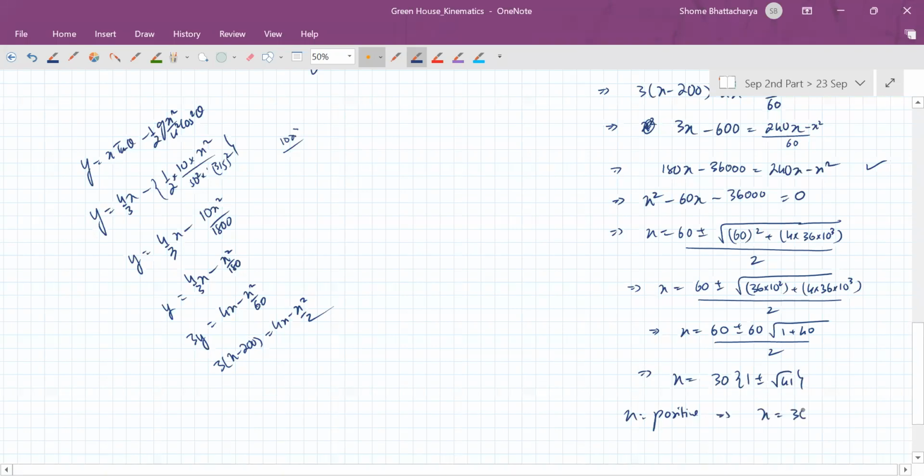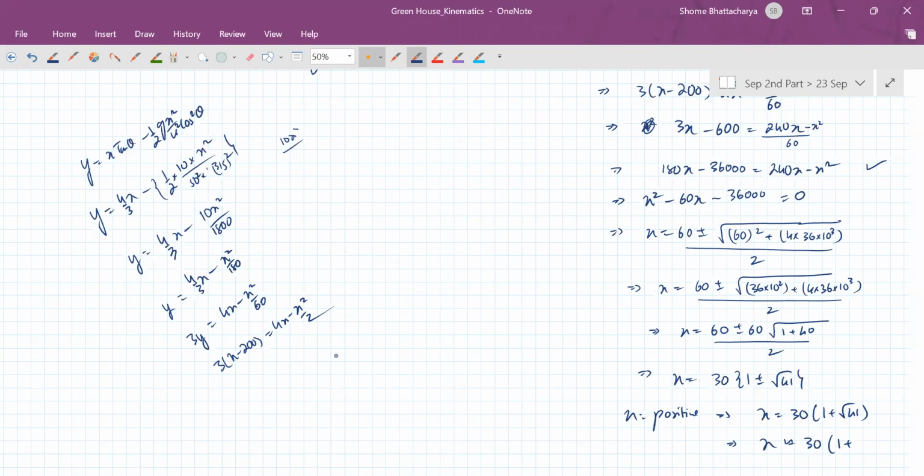We'll take x as 30 into 1 plus root 41. So we will take x as approximately 30 into 1 plus, now root 41 is very close to root 49, so it will be a little bit less than 7. Let's just work it out.